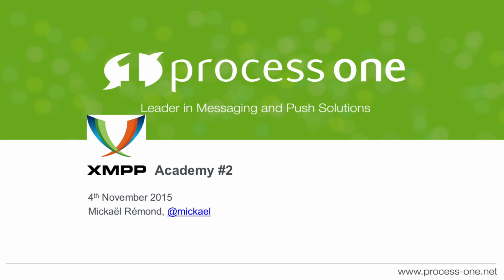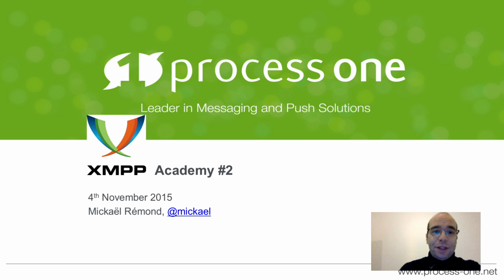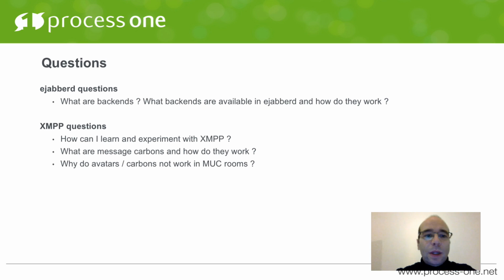So let's start with the questions we have received. I have prepared a few slides regarding the questions you have sent me, and here are the questions we will go through today. So the first question is an ejabberd question, and this is a kind of general question about ejabberd architectures.